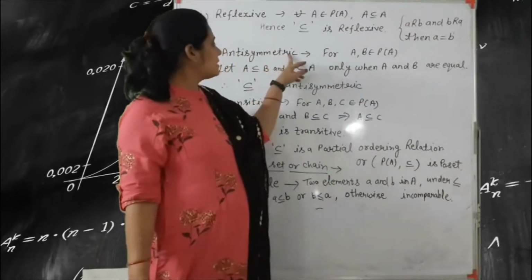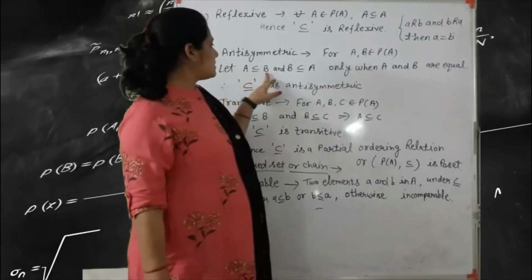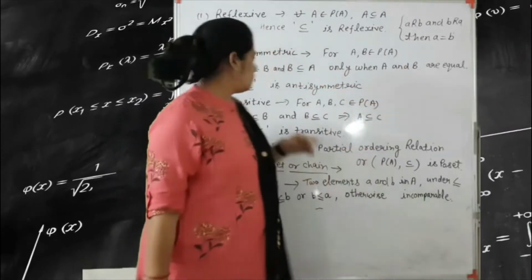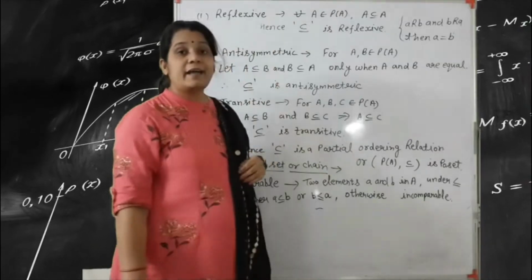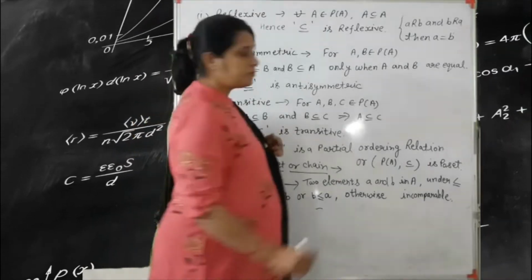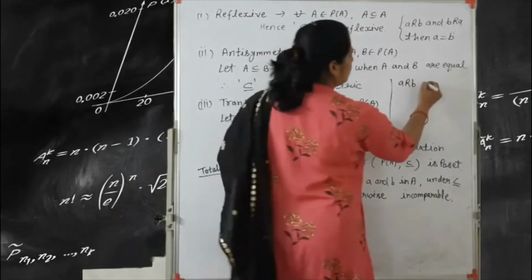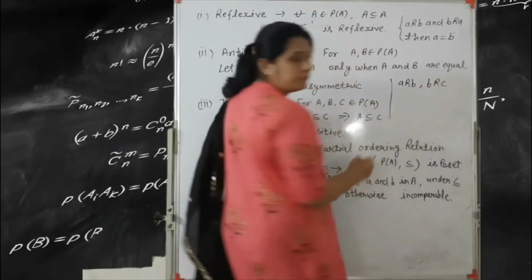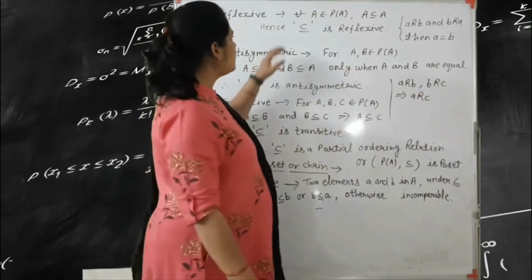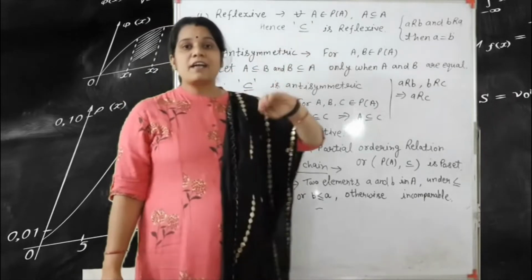In the antisymmetric relation, for A, B belongs to P(A), let A be a subset of B and B be a subset of A only when A and B are equal. So subset or equal to is antisymmetric. Next is the transitive property. According to the transitive property, as we have already seen in our previous lecture, if A is related to B and B is related to C, then according to transitivity, A is related to C. Here we show that this subset-or-equal-to is a partial order set.